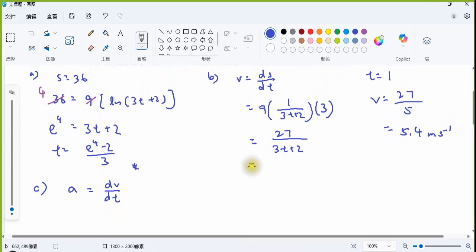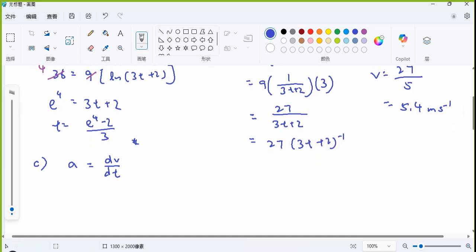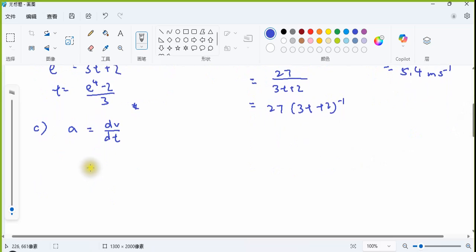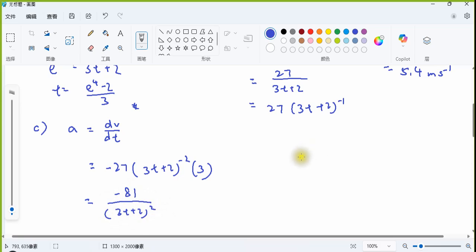So v is actually 27 times (3t plus 2) to the power negative 1. So we differentiate this, then it will become negative 27 (3t plus 2) to the power negative 2, times 3. Then we have negative 81 over (3t plus 2) squared.